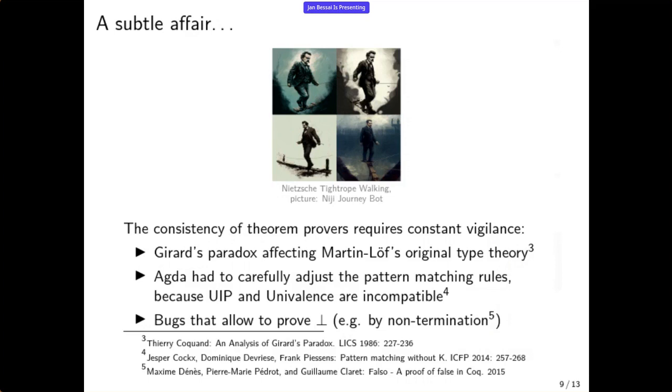An example for this would be this thing called uniqueness of identity proofs that says whenever I have an identity proof, no matter how I computed it, I can always reduce it to a simple reflexivity proof. And so all equally typed identity proofs are equal, because I can always reduce them to the simple reflexivity term.